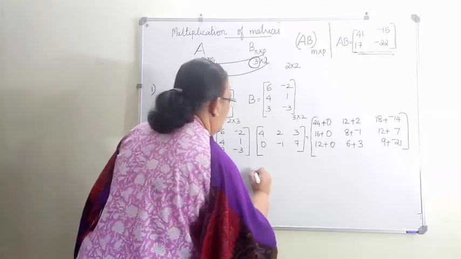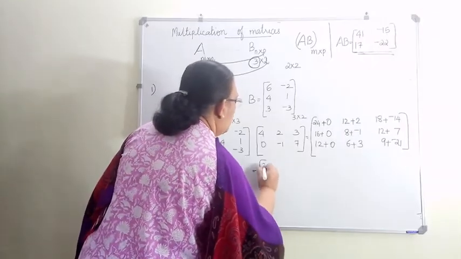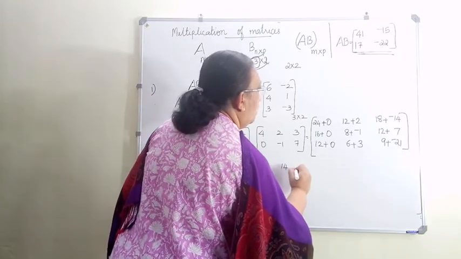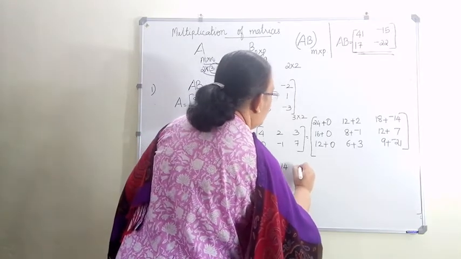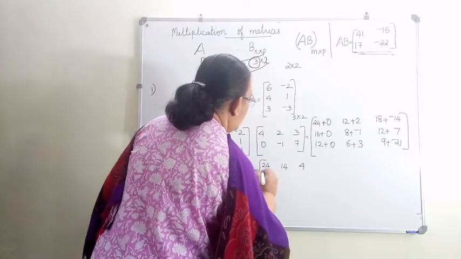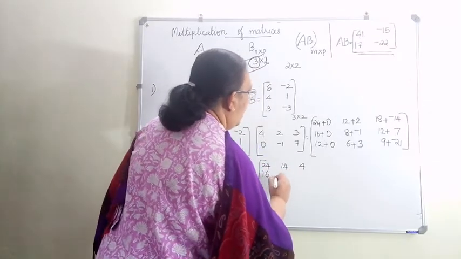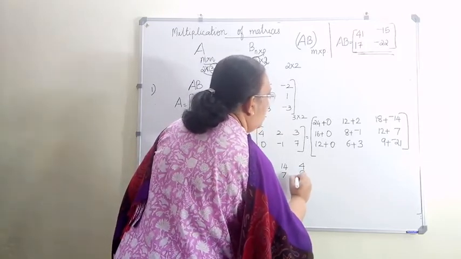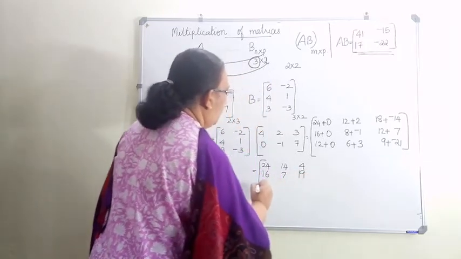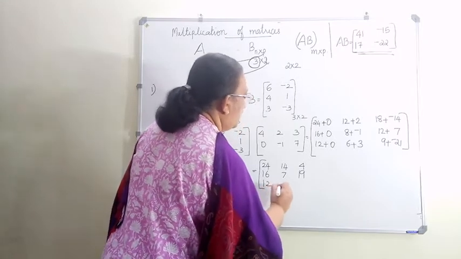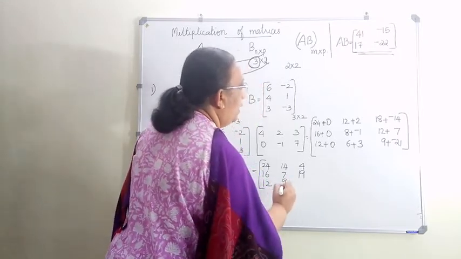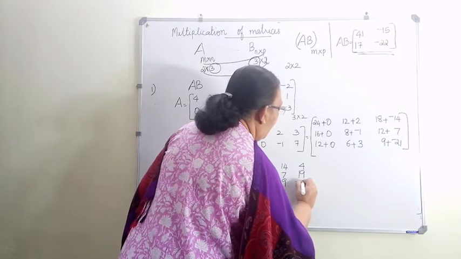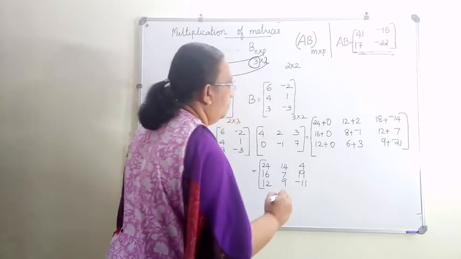Equal to matrix 24 plus 0, 24; 12 plus 2, 14; 18 plus minus 14 gives you 4; 16 plus 0, 16; 8 plus minus 1, 7; 12 plus 7, 19; 12 plus 0, 12; 6 plus 3, 9; 9 plus minus 21 is equal to minus 12.